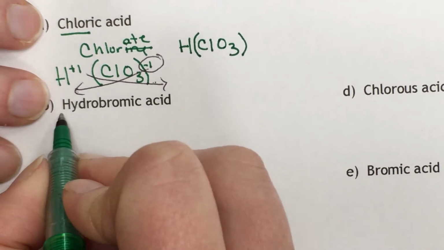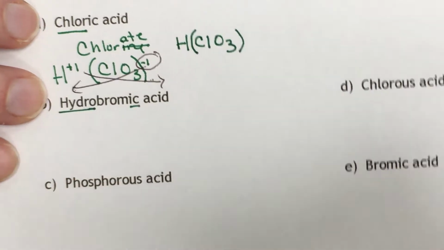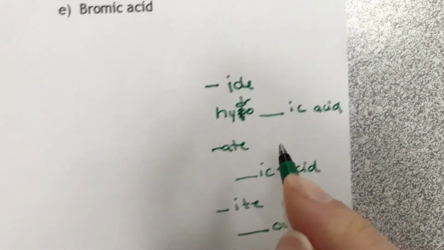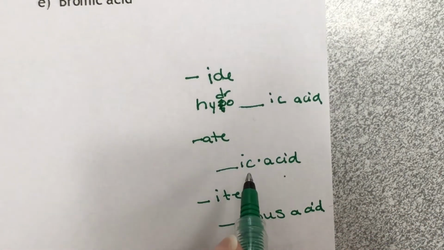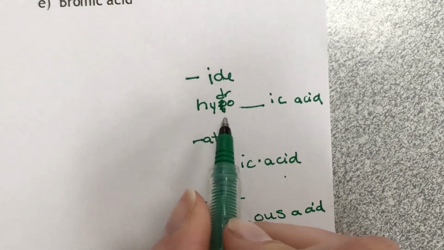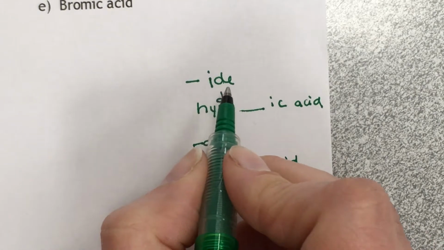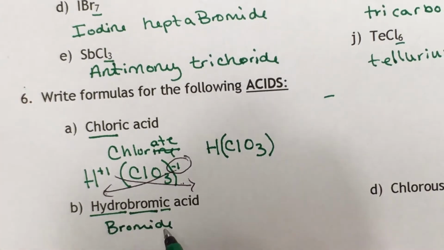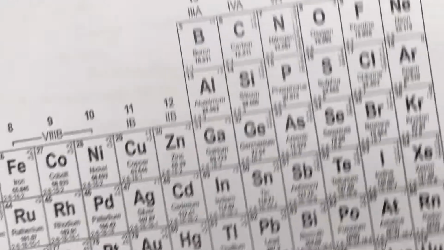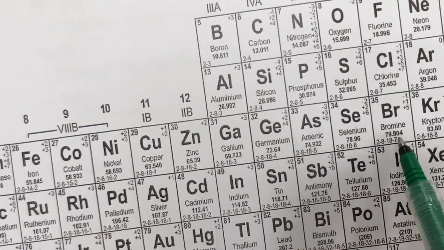Now we have hydrobromic acid. So we have this hydro and we have this ic, okay? So let's look at our rules. We have hydro and ic. That means whatever that word was ended in ide. So we have brom. So we are dealing with bromide, okay? Bromide is not on the polyatomic ions list. This is just bromine.